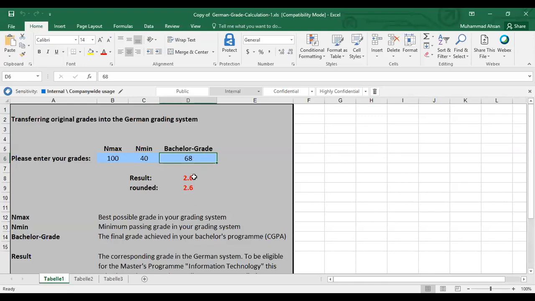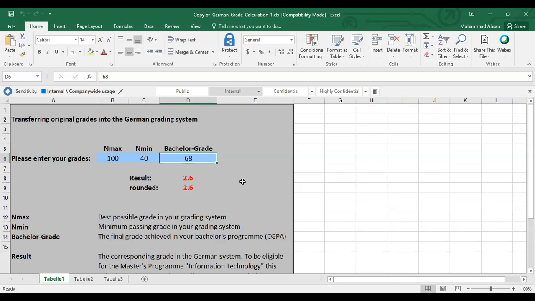Now the result is 2.6. This is in the German grading system, which means if the university is asking for 2.5, your CGPA is higher than 2.5, which is 2.6, as you can see here.